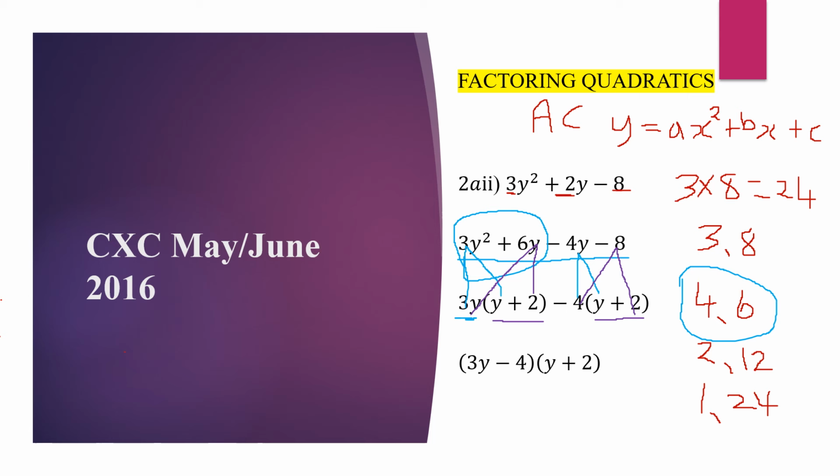And so we end up with two factors, one being 3y minus 4 and the other factor being y plus 2. 3y minus 4 and y plus 2. Hence, this expression has been factorized completely.